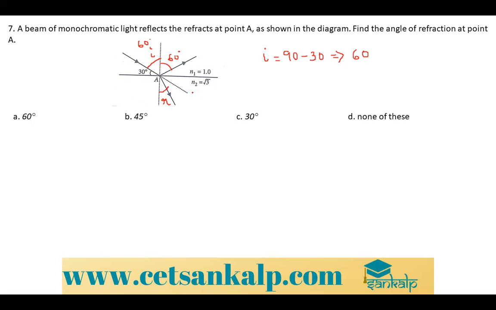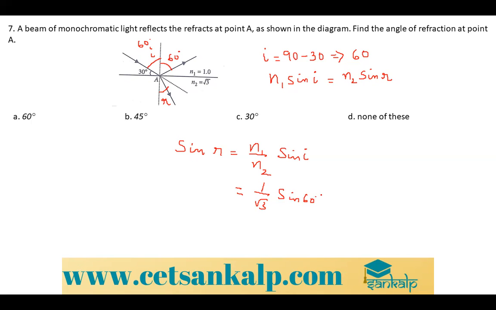ಓಕೆ, ಇವಾಗ ಅಕಾರ್ಡಿಂಗ್ ಟು ದ ಸ್ನೆಲ್ಸ್ ಲಾ, according to the Snell's law, I can write it as n1 sin I is equal to n2 sin R. ಸೈನ್ R ಇಸ್ ಈಕ್ವಲ್ ಟು n1 by n2 ಇಂಟು ಸೈನ್ I. So n1 ಎಷ್ಟು? 1 divided by root 3 into sin 60.